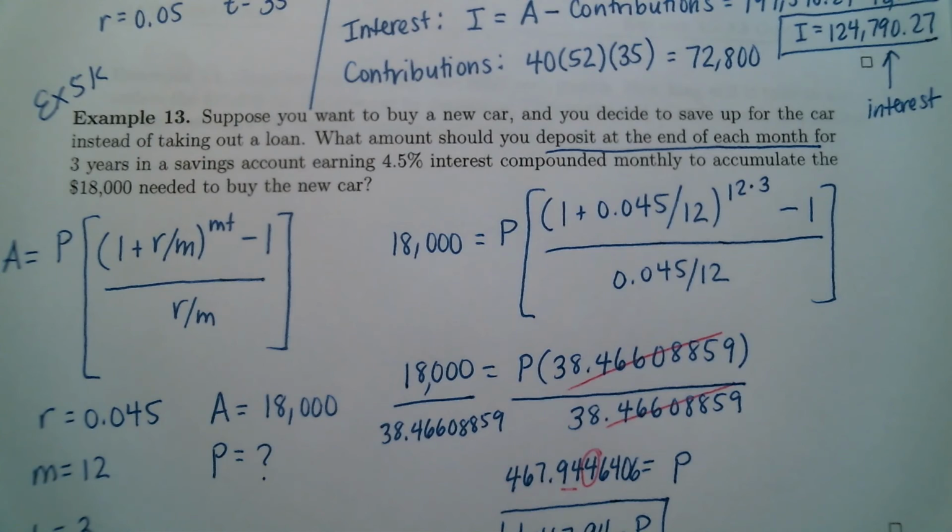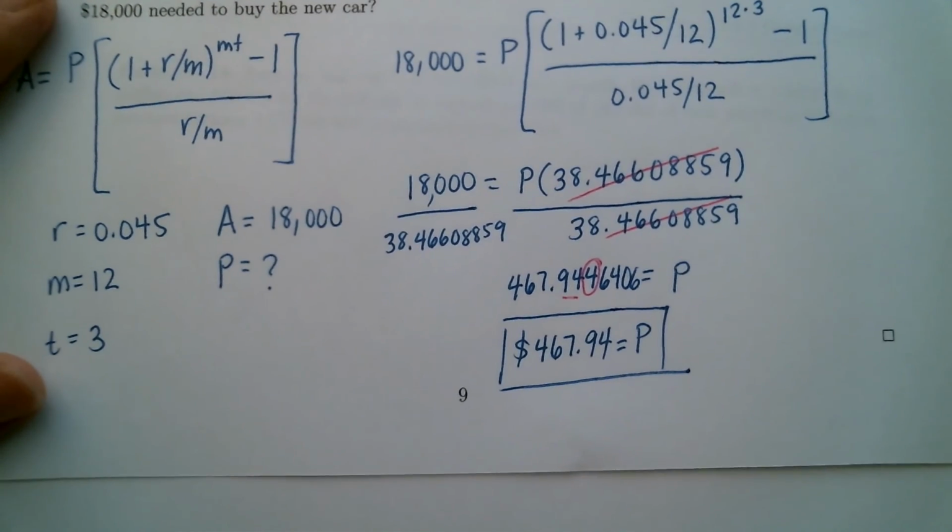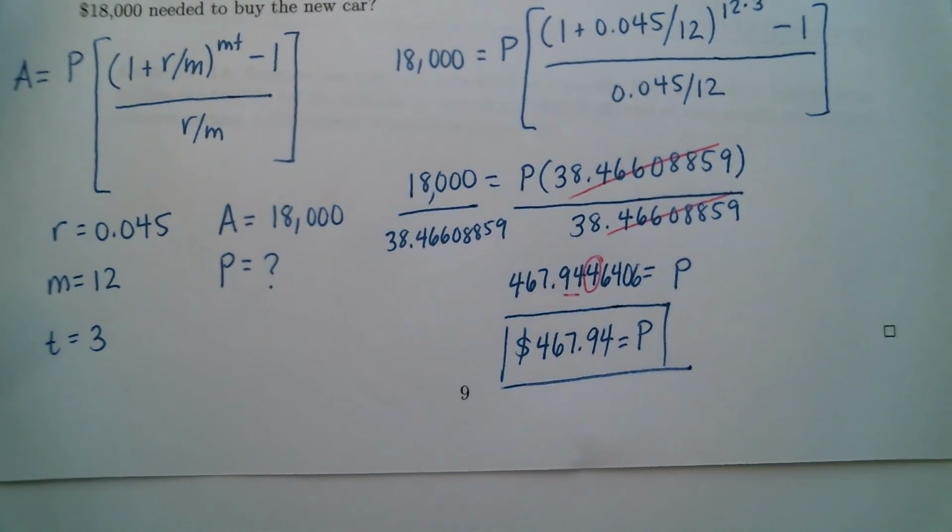We figured out that we needed to put away $467.94 into our savings account every month in order to save up the $18,000 for the car in a 3-year time period.